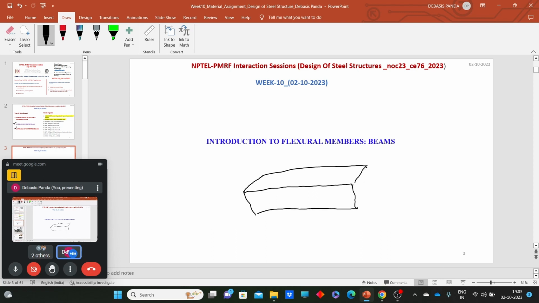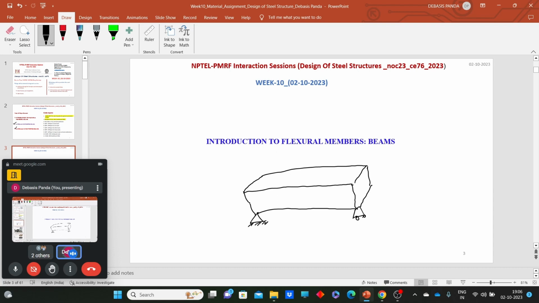Now this beam is supported, so let's put some support condition here. Say, for example, this is a simply supported beam. First, let's try to understand the axes.